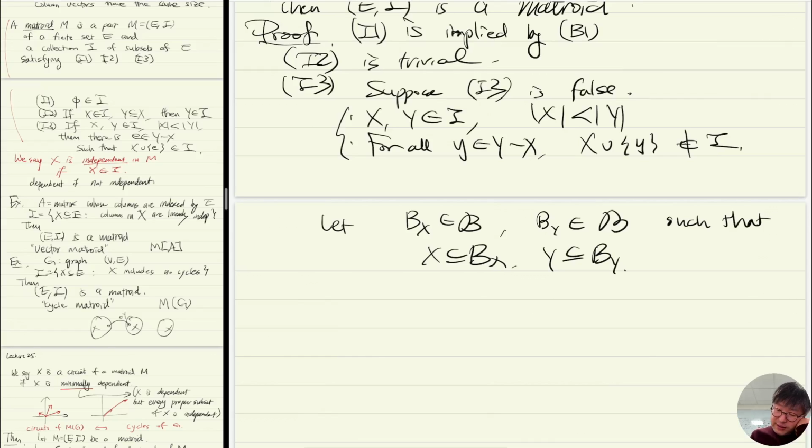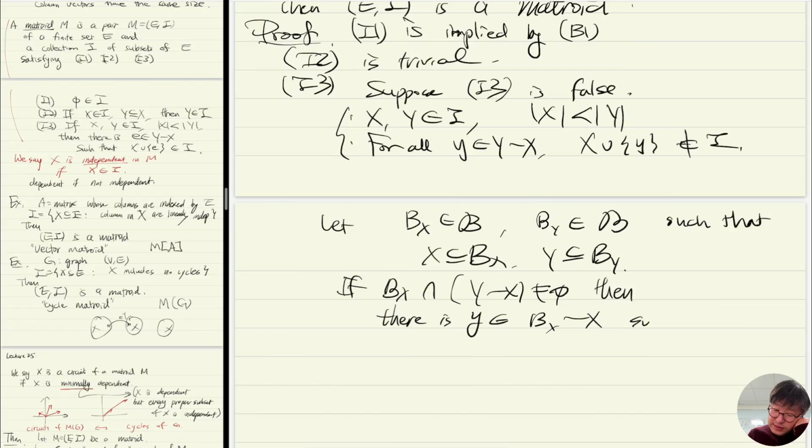Because these are independent, this is the case. If bx intersection y minus x is non-empty, then we are done, right? Then there is y in bx minus x.